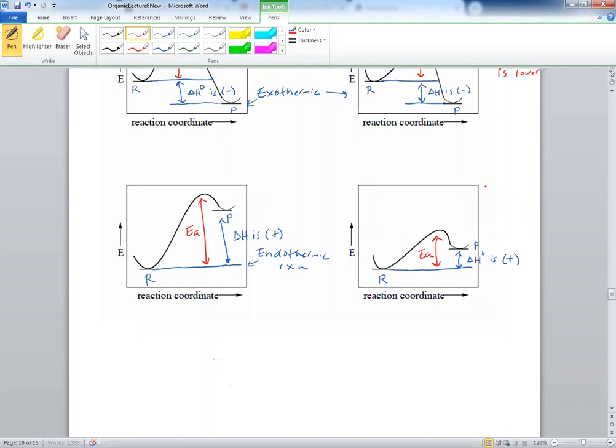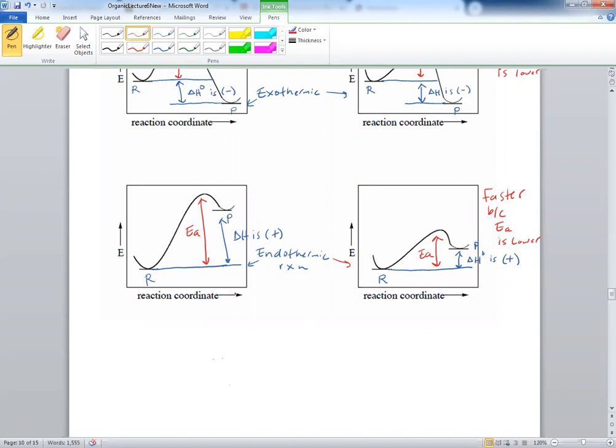So in this case, which one would be the faster reaction? This one would be the faster reaction, again, because EA is lower. So they're both examples of endothermic reactions, by the way.